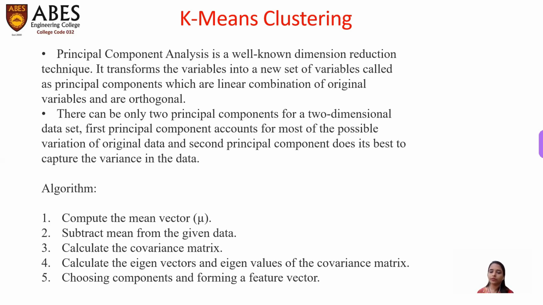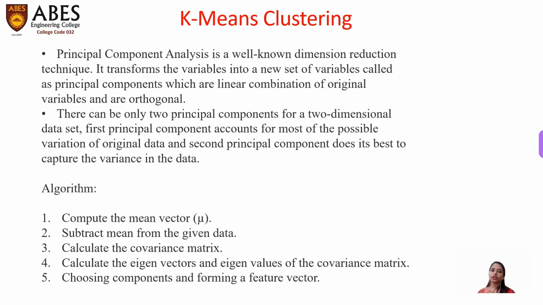After that, we have to calculate the covariance matrix. How can we calculate the covariance matrix? For the calculation of the covariance matrix, we take the result from step 2, where we subtracted the mean from the given data points. Then for the covariance matrix, we sum up all the differences from step 2 with their transpose.